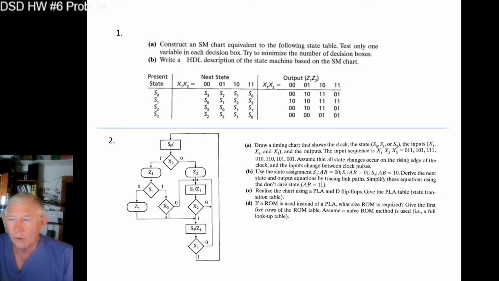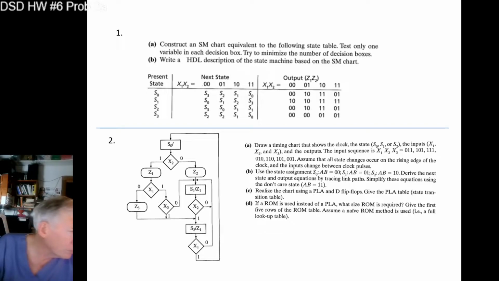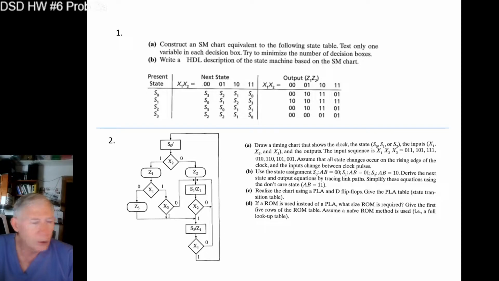That means X2 is a 1, so we go down here. We have a Z1 output, so Z1 equals 1. Then we check X1, which in this case is a 0, so we go down this path. We output Z3, and then on the next rising clock edge we're going to go to state S2.